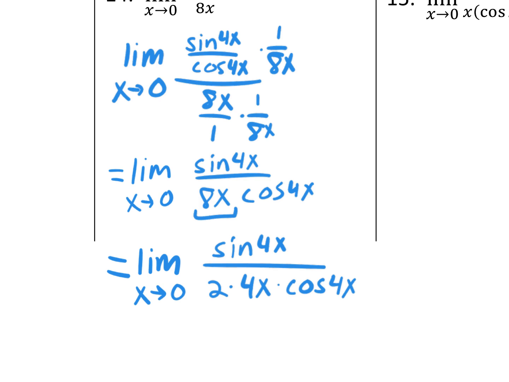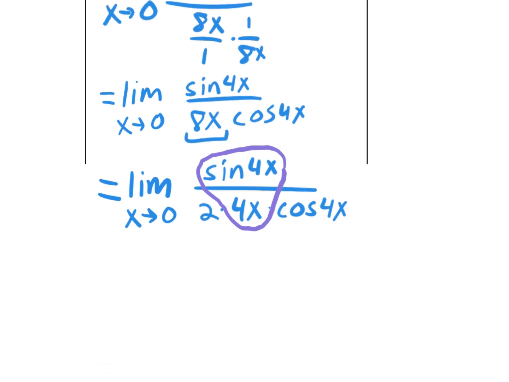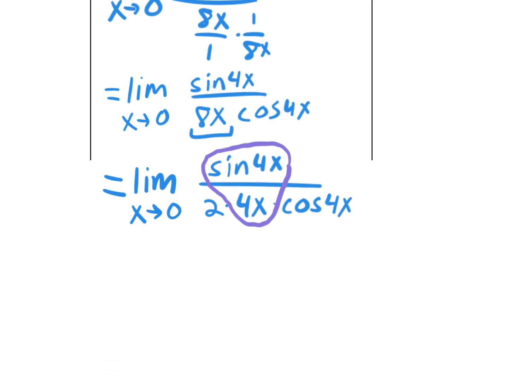Just like with the constant multiplier, you're able to split limits up. So we can see now that this sine of 4x over 4x is our special trig limit. I'm just going to do a little bit more algebra to try to get the special trig limit in one factor, and then in the other factor, everything else.